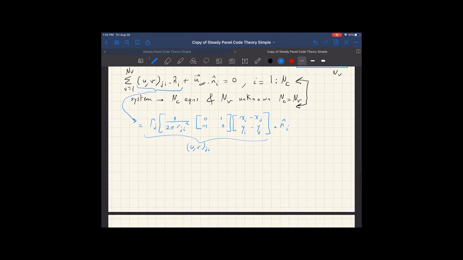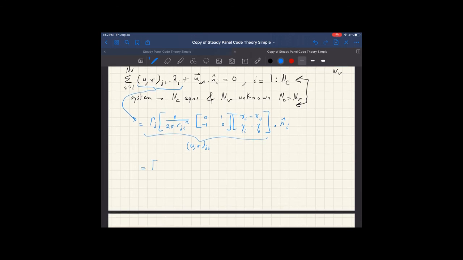Now that could be simplified with gamma j, and then you use the function that you've already formed, but you set gamma equal to 1. So essentially, you want to get the coefficients that are multiplying the unknown gamma strength. So all you have to do is just set gamma equal to 1, which is essentially equivalent to this equation here with gamma being 1.